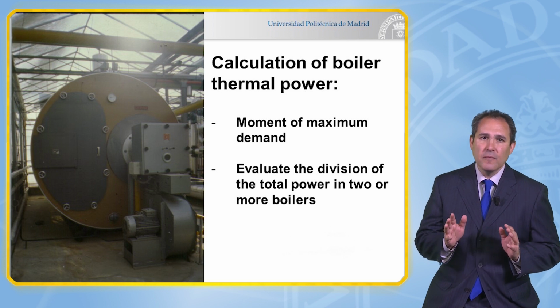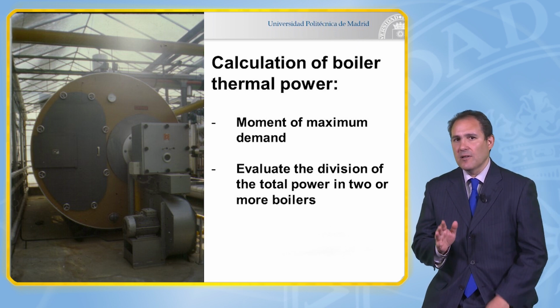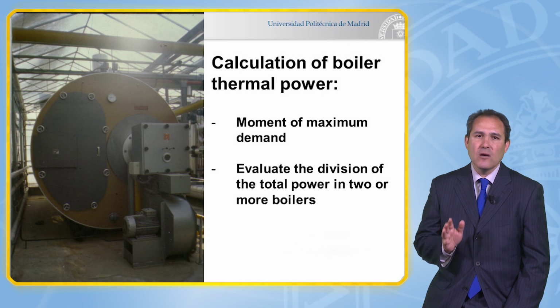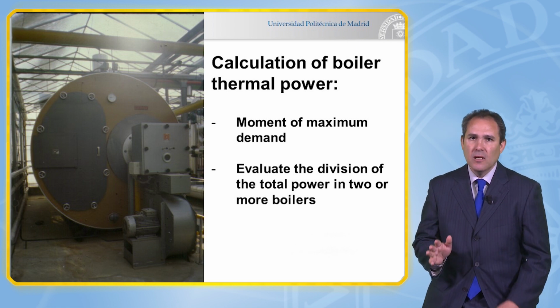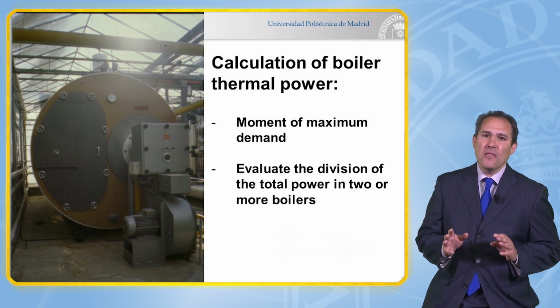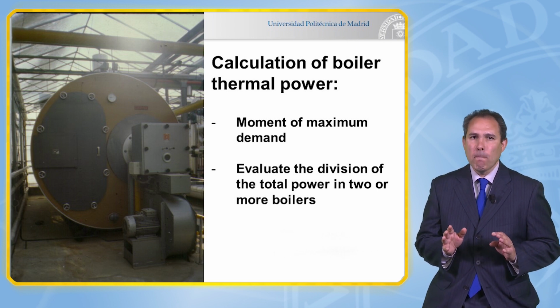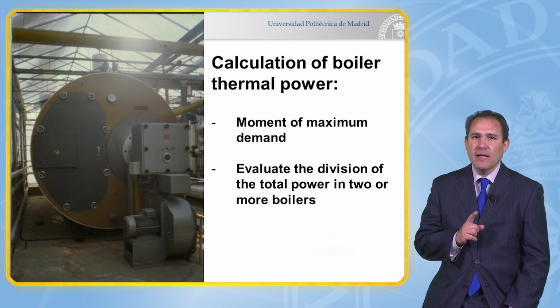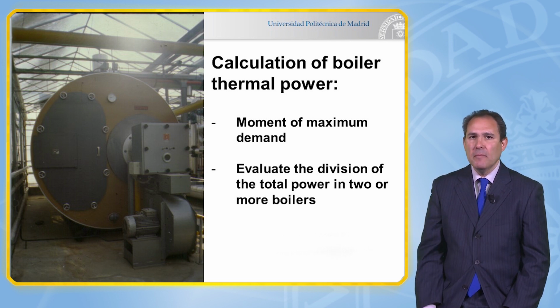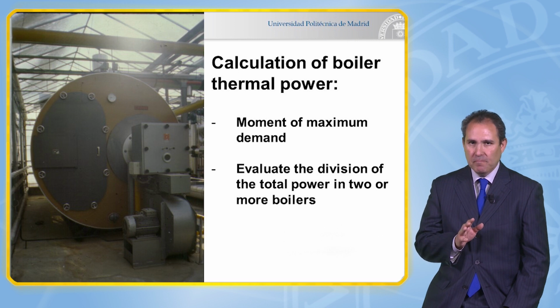In boilers of medium power, from the range of 100 to 1000 kilowatts, or large, of the range of more than 1000 kilowatts, it is usually advisable to divide the necessary power between two boilers.